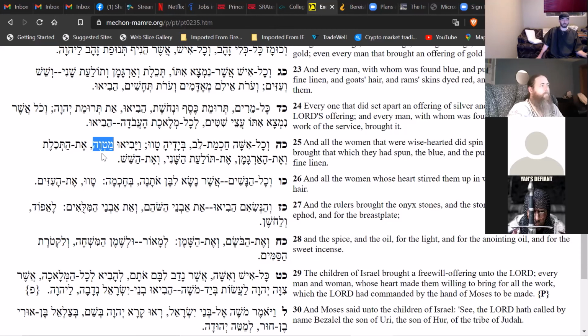Matua. So you can see the root word there is using the letter Thet in terms of reference to spinning or weaving. In this case, they're working with purple, scarlet, fine linen, so on and so forth.